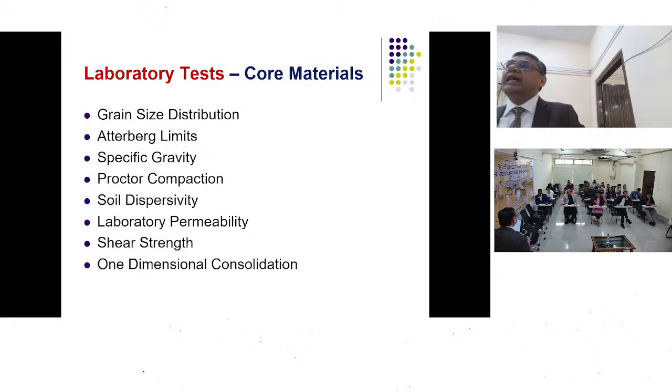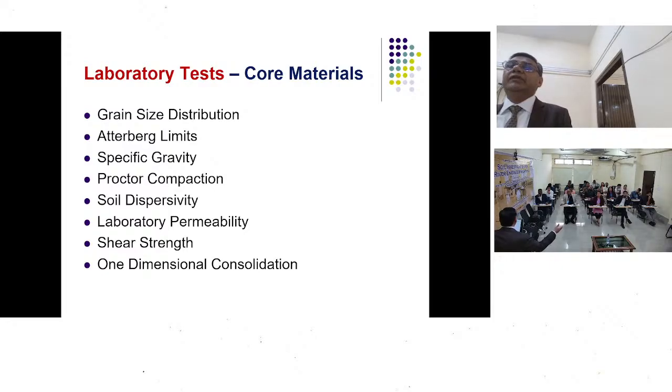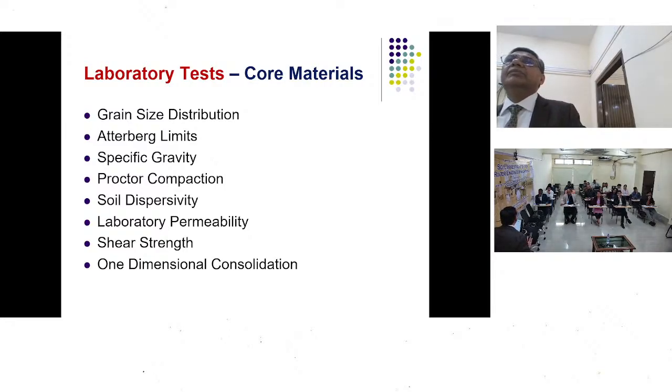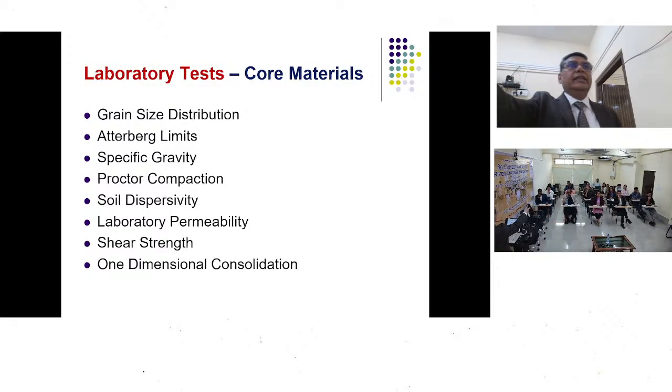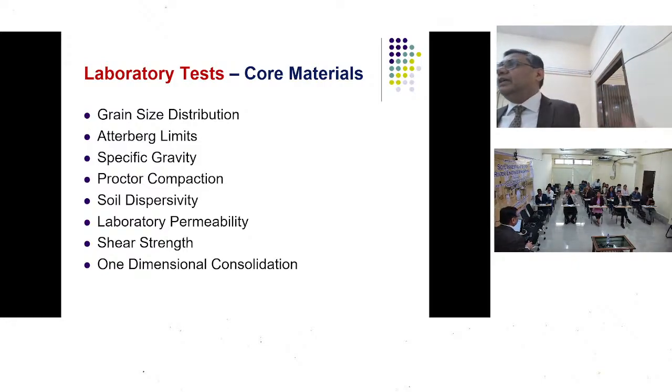But in previous times, the identifications of borrow areas were like the borrow area near such and such village, or the borrow area between these villages, or the borrow area with a certain chak number. And when the actual construction used to start, people were unable to identify those borrow areas, and it was by sheer memory only that we said, yes, we used to go by this road, and from this road you used to take a left turn, and then from there maybe around 2 kilometers down the line a certain region was identified.